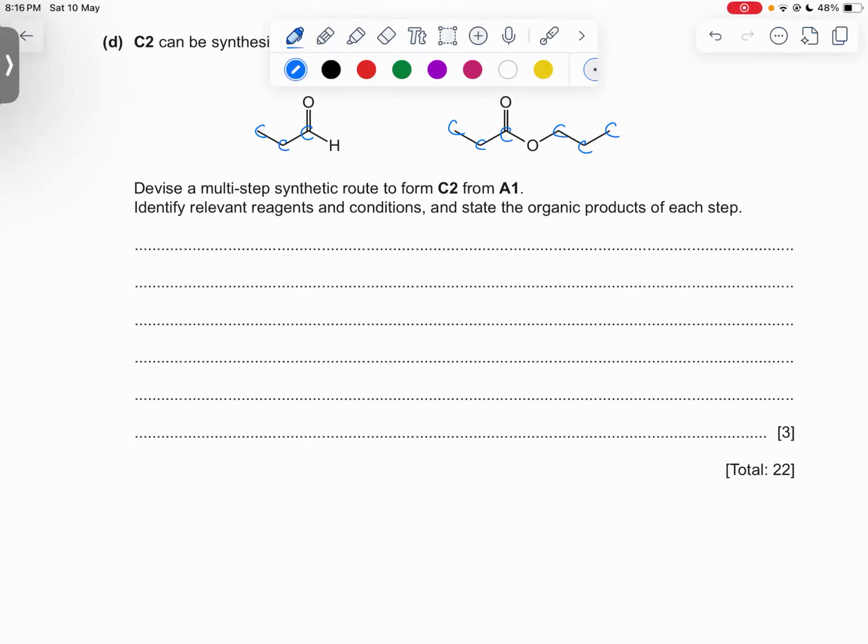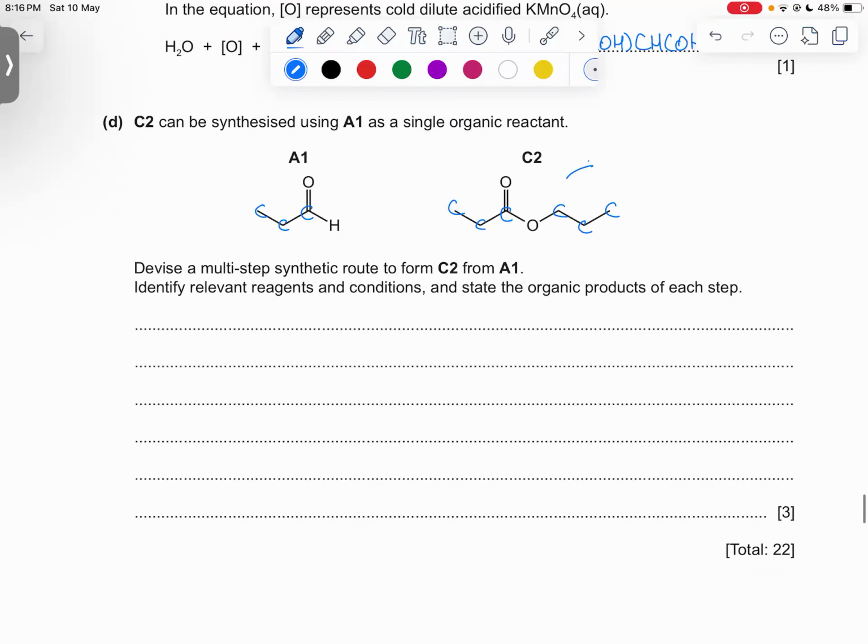How can we make C2 from A1? If you see C2, C2 can be broken down, I mean hydrolyzed, into a carboxylic acid, which would be this one: CH3, CH2, COOH, right?